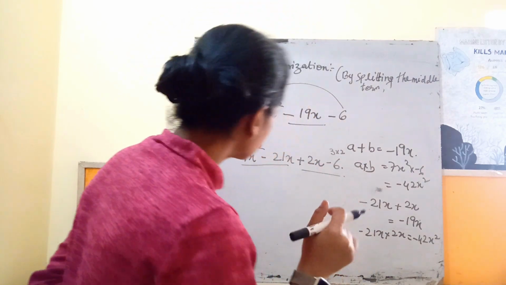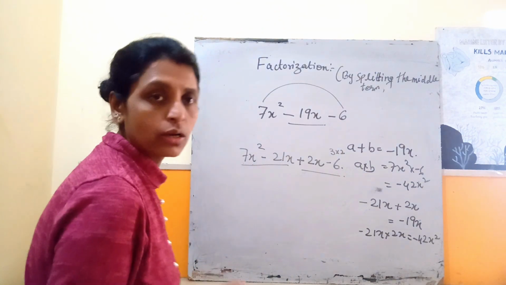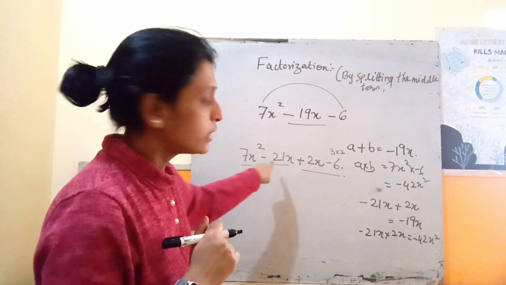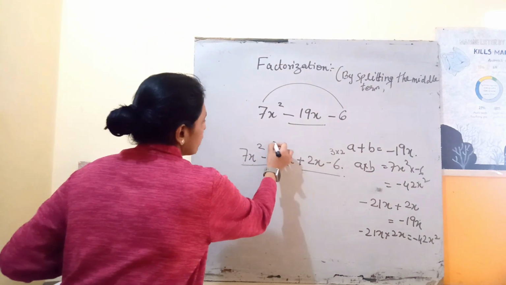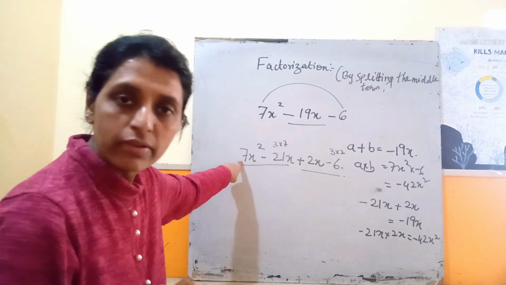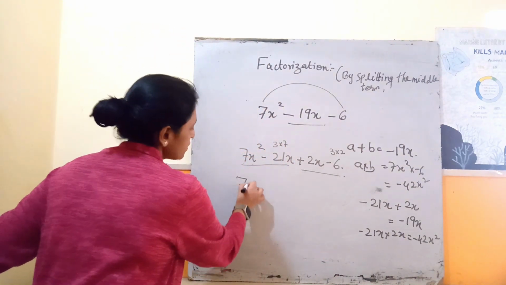Now 7x squared minus 21x. What common term can we find in these two terms? 21 can be written as 3 into 7, so we can see that here 7 is there and here also 7 is there. So 7 will be taken as common.